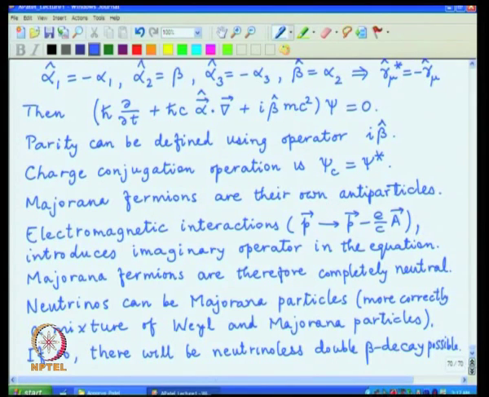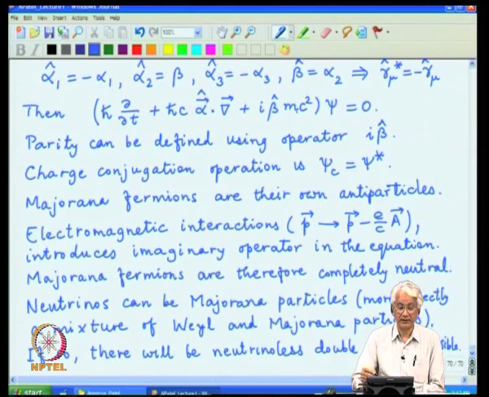But barring that reaction, one can allow for a theoretical possibility that one has a Majorana component in the neutrinos, and that can be included in the Dirac equation by this mass term, which is quite a different possibility compared to the Dirac mass term.